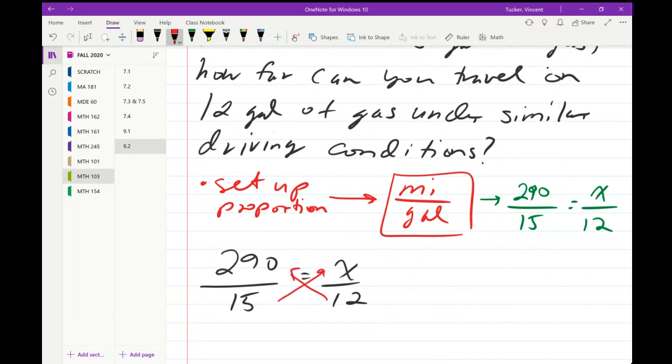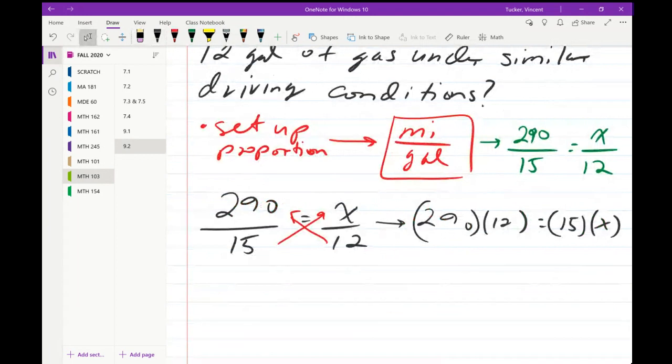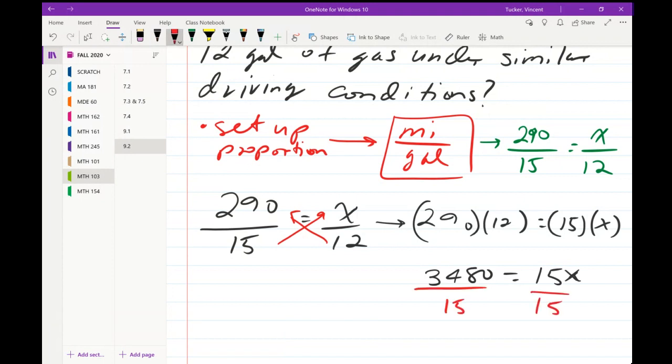Cross multiply. So that'd be 290 times 12 on the left, 15 times x on the right. 290 times 12 is 3480. Now to solve for x, we'll divide both sides by 15.